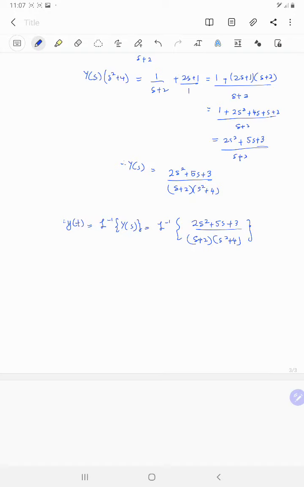Okay, as usual, to find the inverse you must look first at the function at the bottom. This is (s plus 2) factor with (s squared plus 4). From the table there is no such item, so you must apply partial fractions. So do partial fractions.